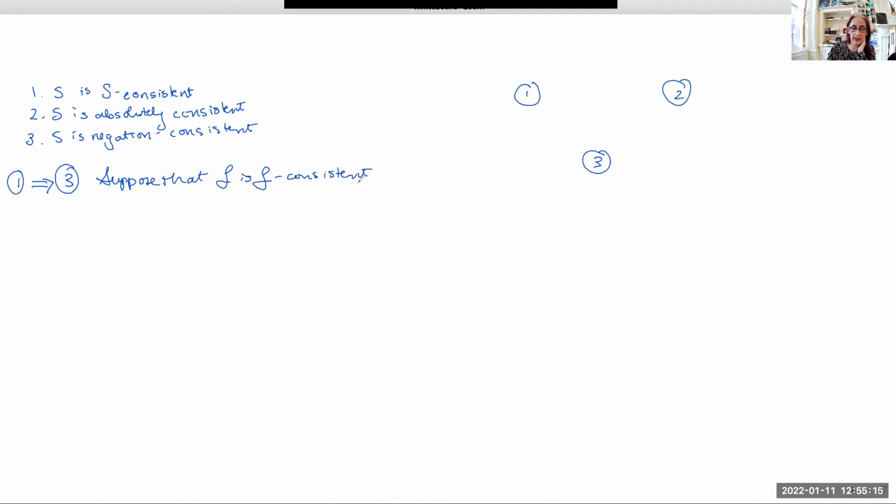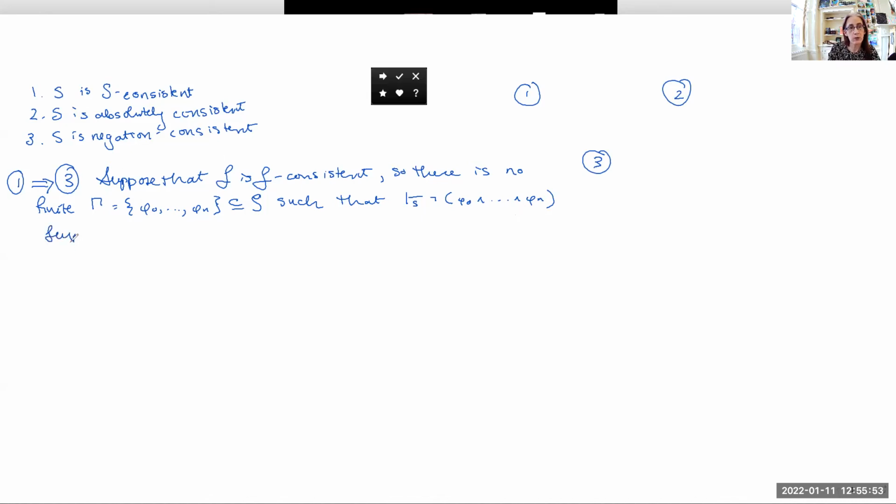What you remember is that this means that there is no finite set of formulas gamma consisting in phi 0 all the way up to phi n, which is a subset of the system, so some subset of the theorems that it proves, where the system can prove the negation of the conjunction of all of them. That is just a restatement of what it means to be S consistent.